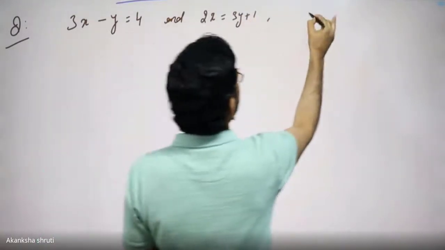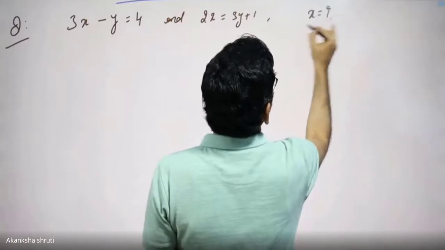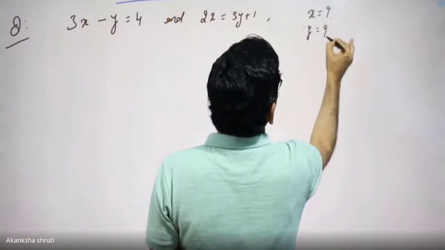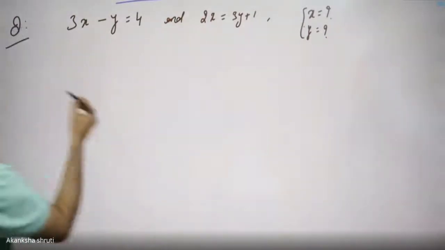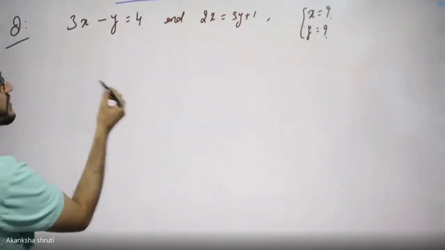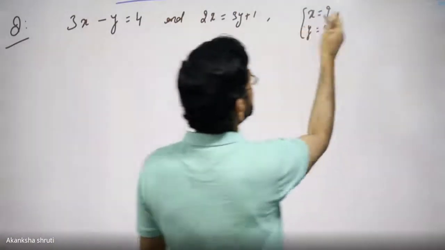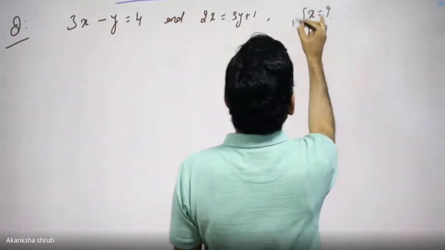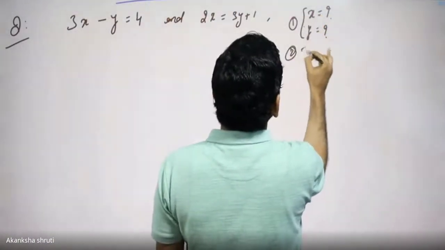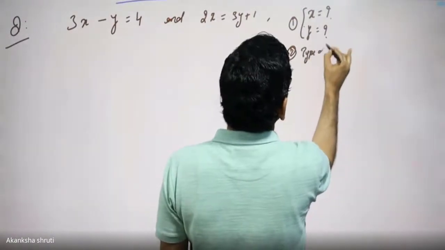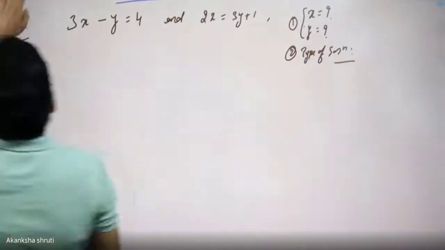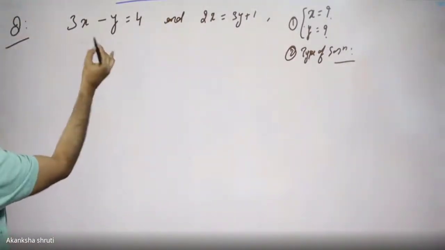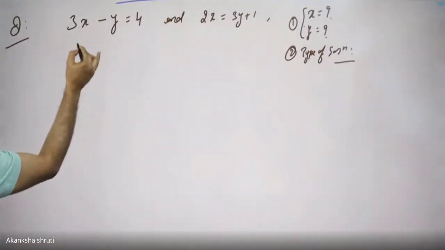Then we have to find what is x, what is y, or it may be just asked what the type of solution is. So it may be asked to find the solution or the type of solution.